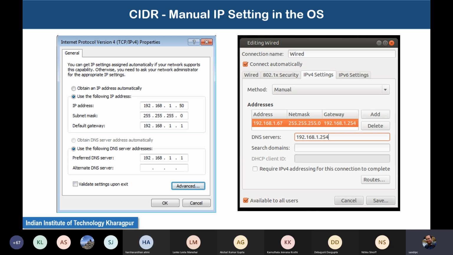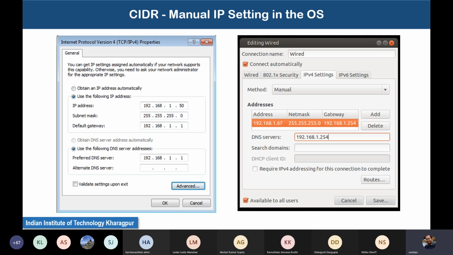You need to provide a subnet mask, which denotes how many bits in this IP address are part of the network IP and how many bits are for the host. If I make it 255.255.255.0, that means the first 24 bits are the network IP, so 192.168.1.0 is my network IP.